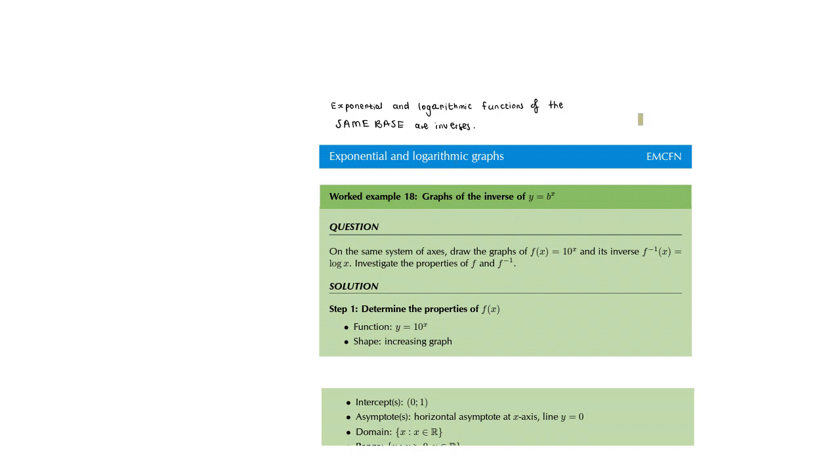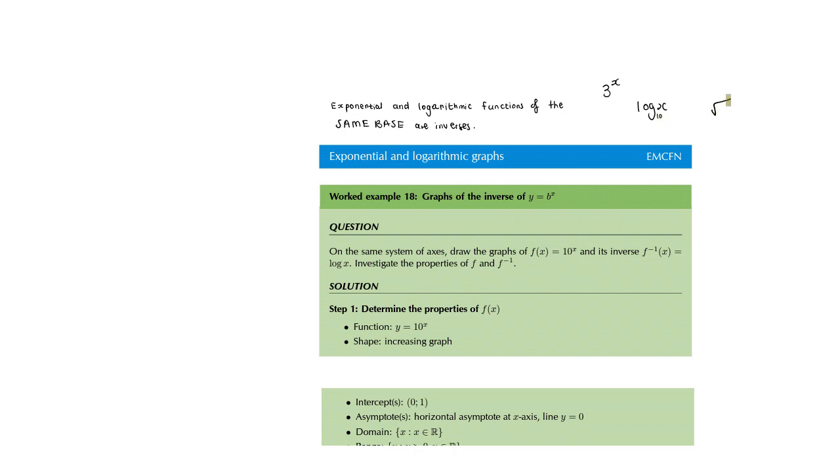So if I give you the exponential function 3 to the x, and I give you the logarithmic function log x, are you going to say that these two are inverses of each other? No, they are not inverses of each other, because this is to the base 10. Remember, the log is always to the base 10. It's just that it's so common.